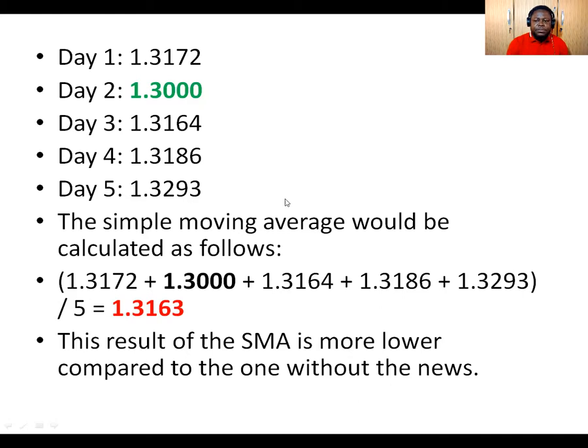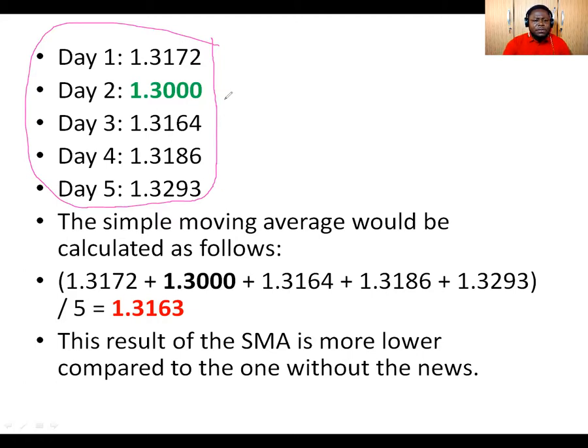Pay attention, this is where you get the difference. The simple moving average is just going to calculate all these days by giving each of them equal opportunity. Take note, I repeat that again: when it is doing its calculations, it will give all the candles equal opportunity.